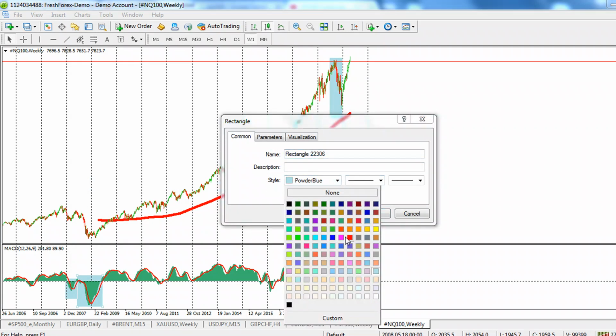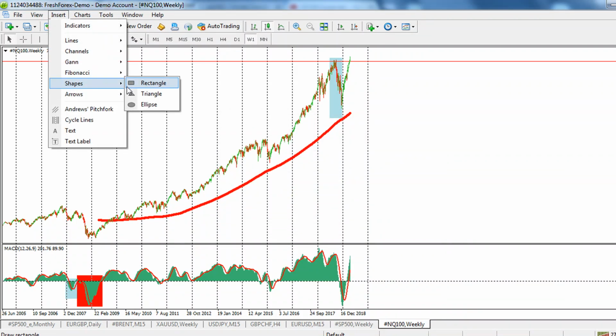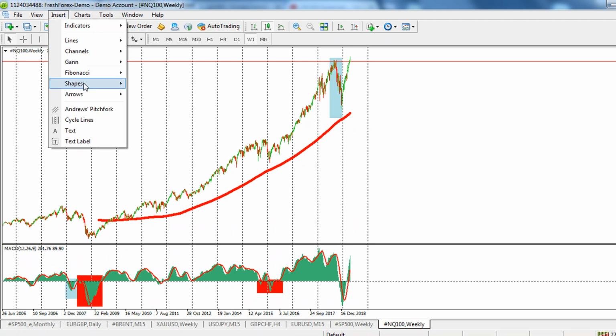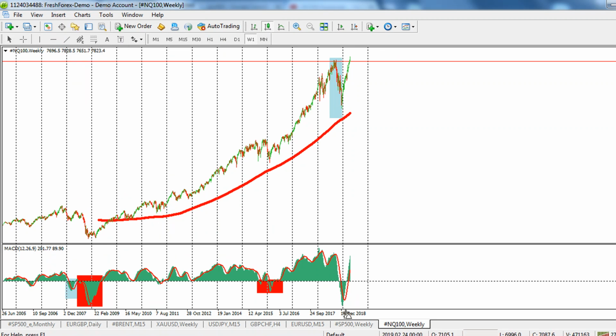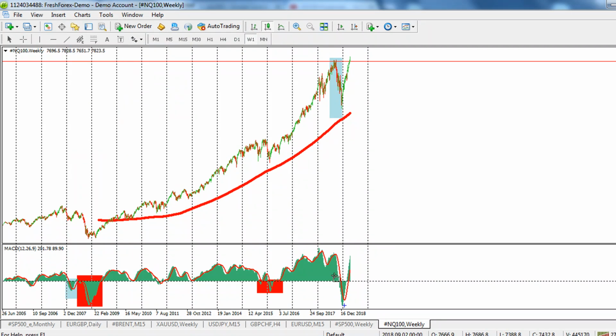Then this one should be red. We also have this as red, the next retracement. So this one is a retracement, this is a retracement.